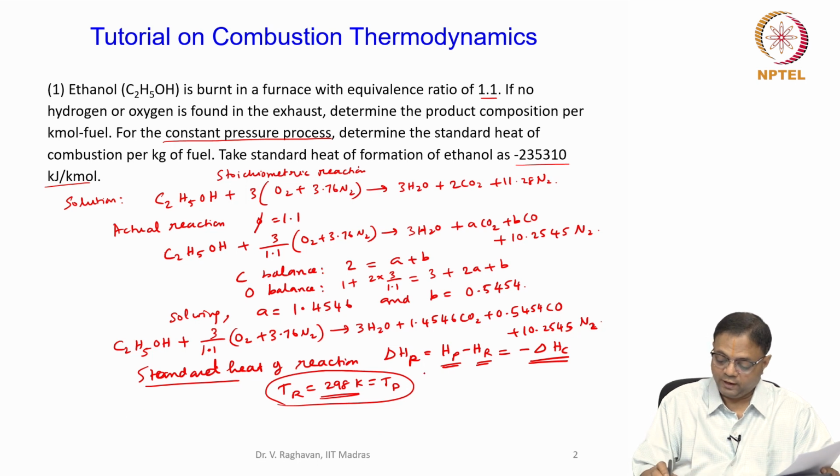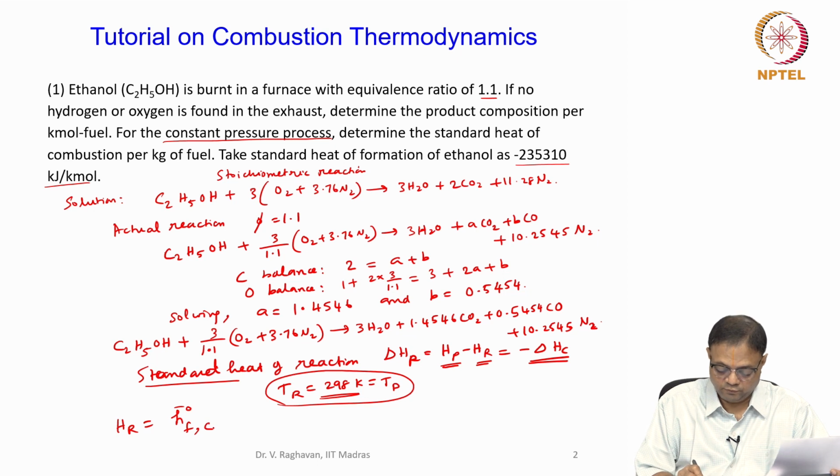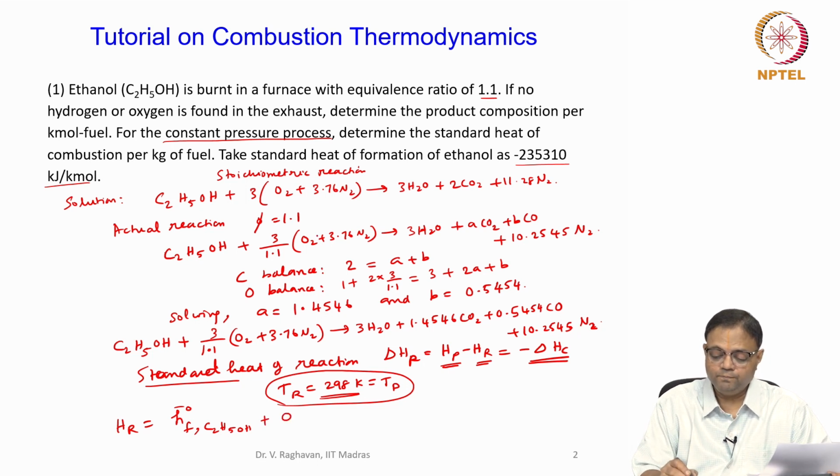So now I can write HR as HF of fuel, that is C2H5OH, plus 0. Why? Because the standard heat of formation of O2 and N2, which are naturally occurring gases, will be equal to 0.